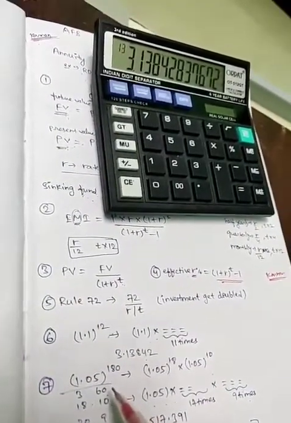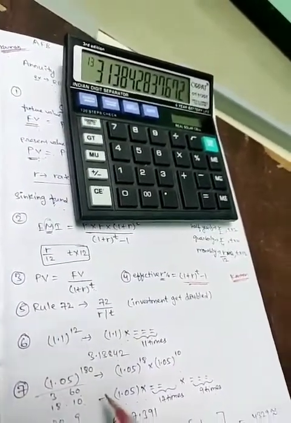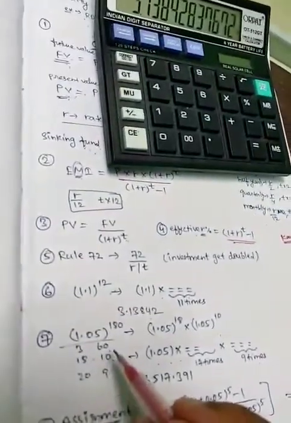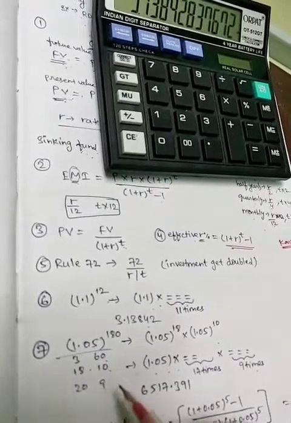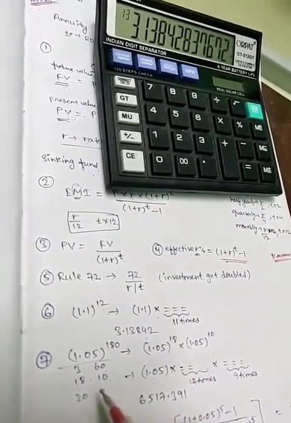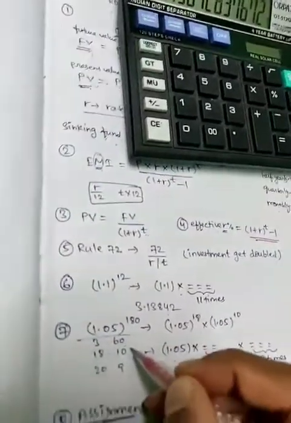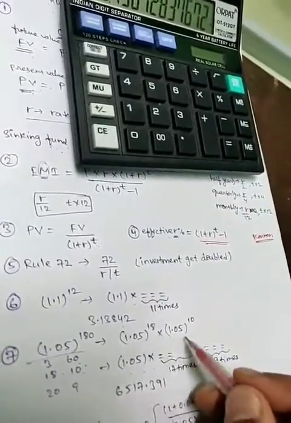The same for 1.05 whole power 180. Here we can't keep clicking the equal symbol 179 times. An easier way is to write 180 as factors, like 18 multiplied by 10, or 9 multiplied by 20. Here we take the factors where the difference is less. So now we take 18 and 10: 1.05 whole power 18 into 1.05 whole power 10.